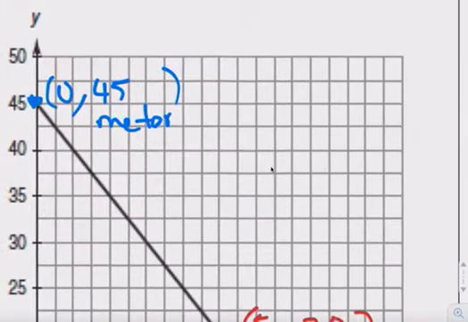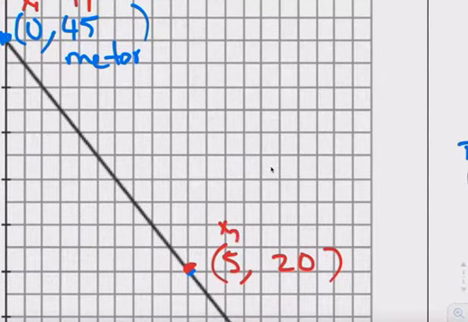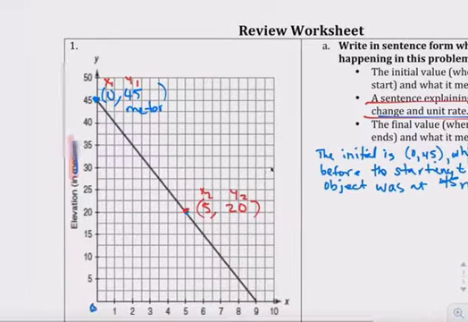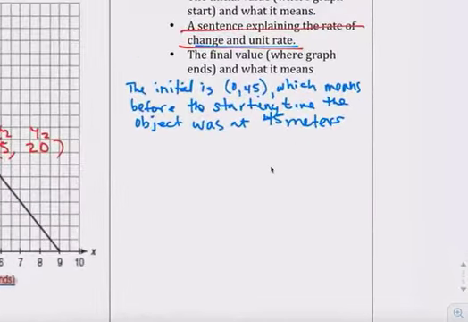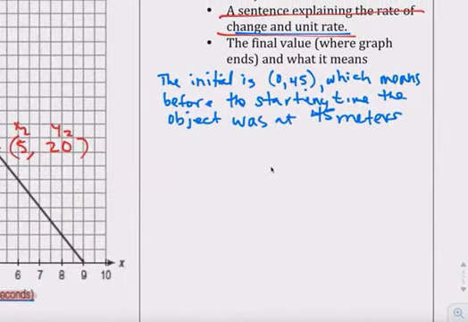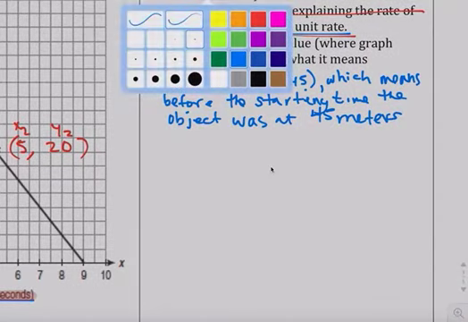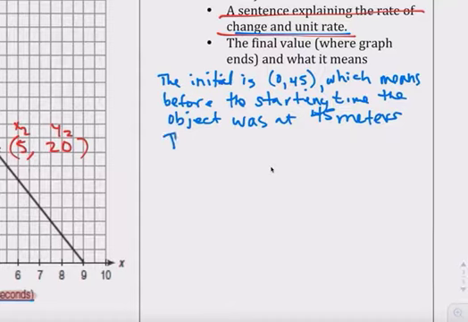So I'm going to use this as my x1, y1, x2, y2. Okay? You can use anywhere on there. So if that's the case, the rate of change, same thing as slope or speed, is blank.